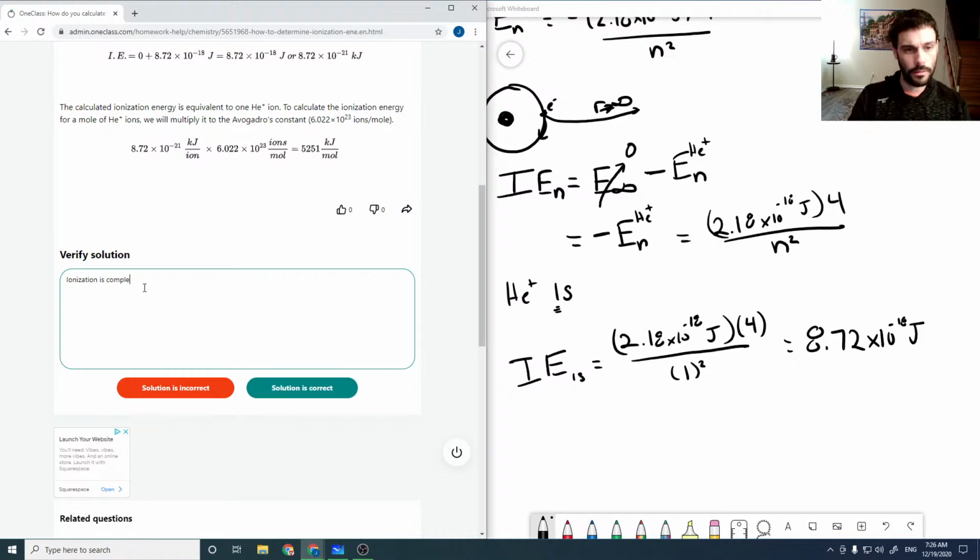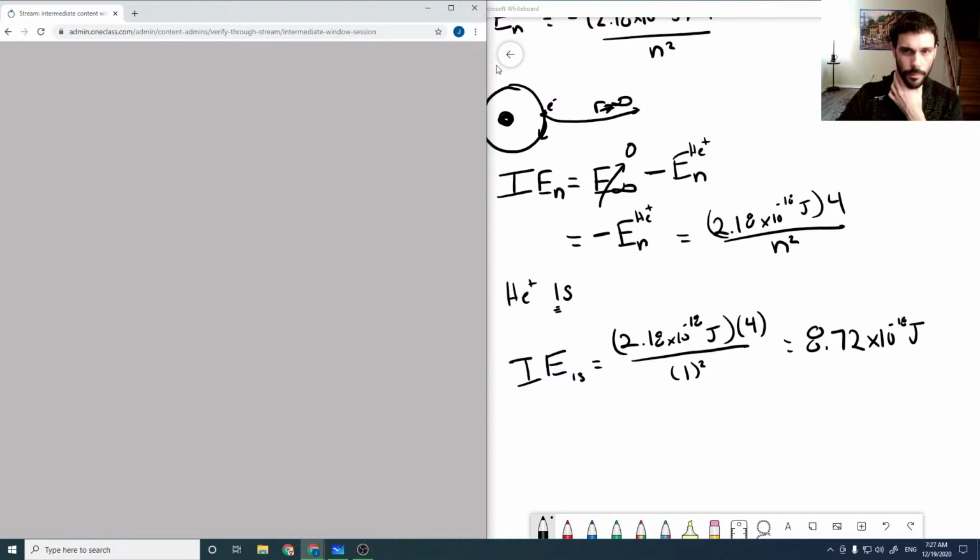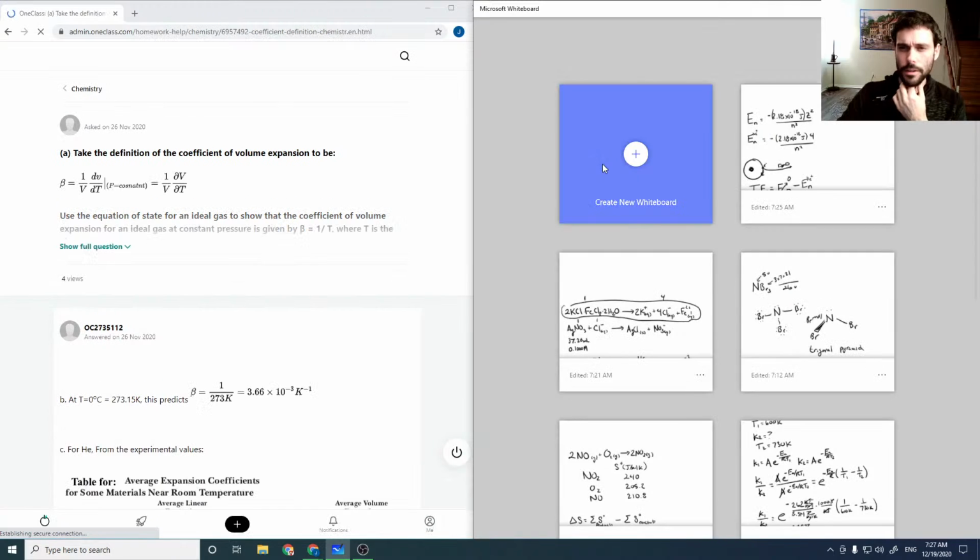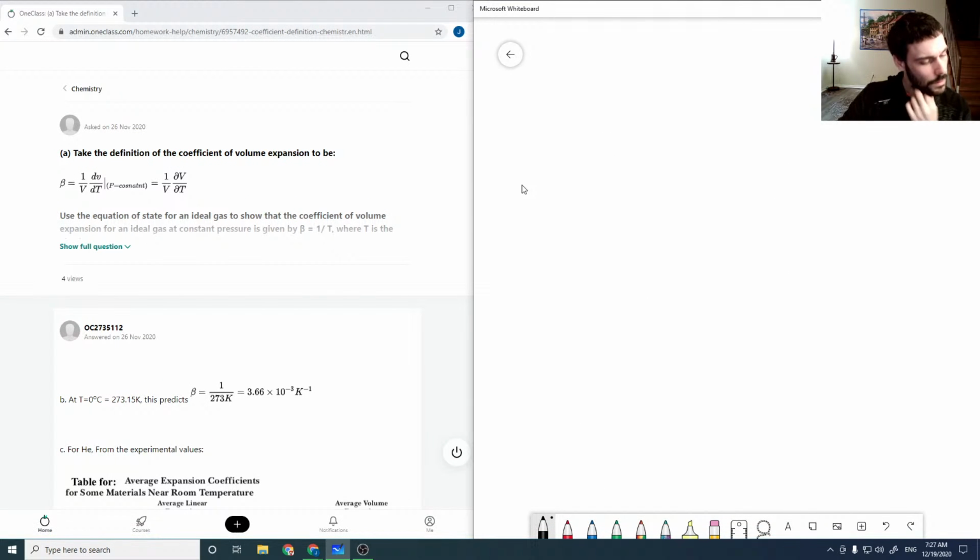But I'm just going to say it's complete removal of the electron, not just excitation, but largely it's correct.